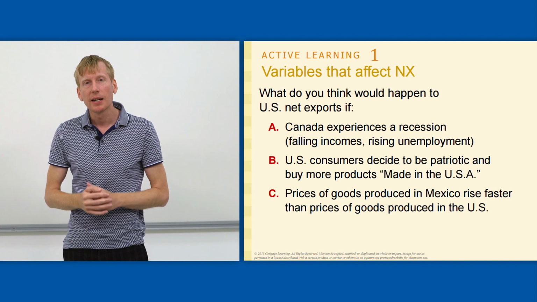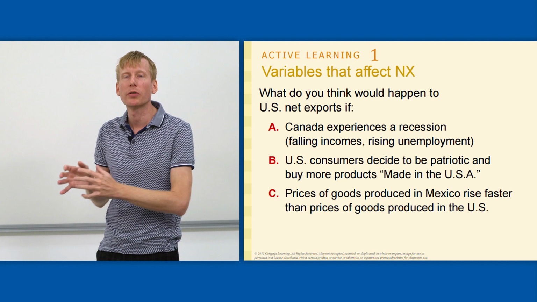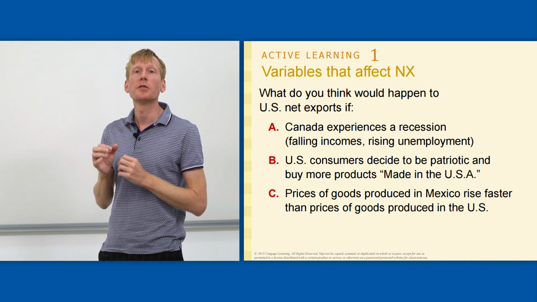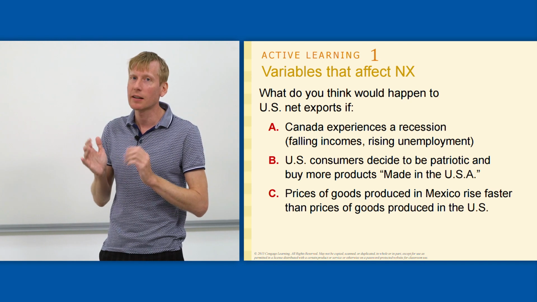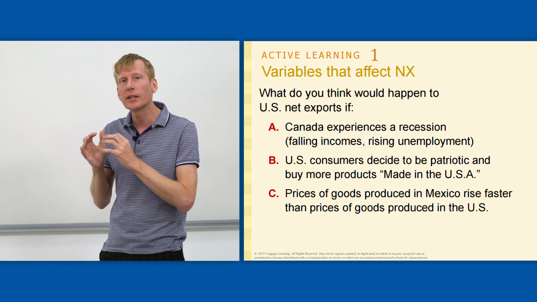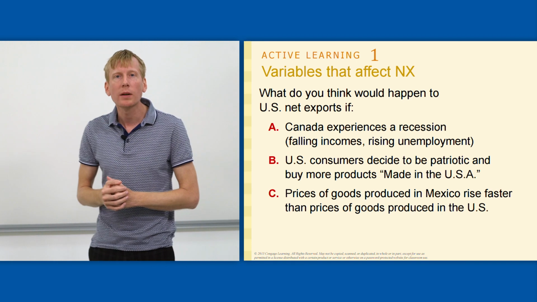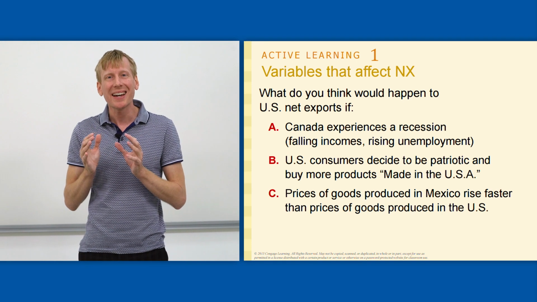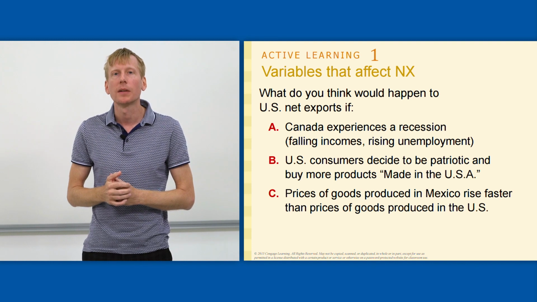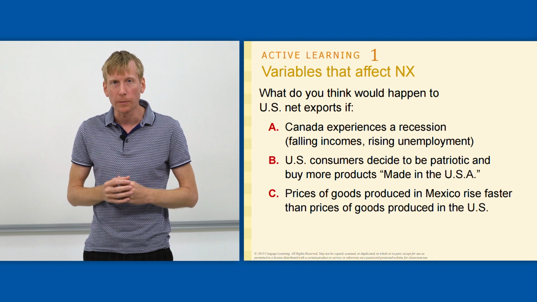In the second case, suppose that consumers in the United States become more patriotic. That is, their tastes and preferences for goods made in the United States, to the extent that there are any goods made in the United States anymore, is increased. What happens to net exports? In this case, we wouldn't expect anything to change with U.S. exports, because American consumers don't demand U.S. exports, but we would say that imports to the United States should fall.